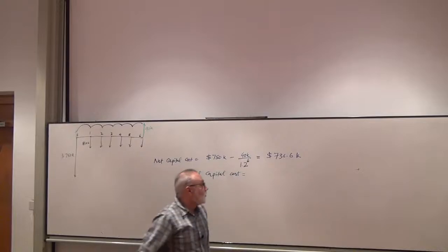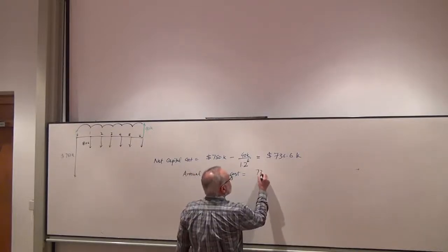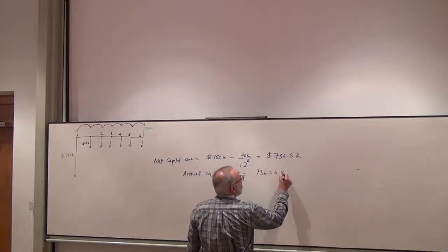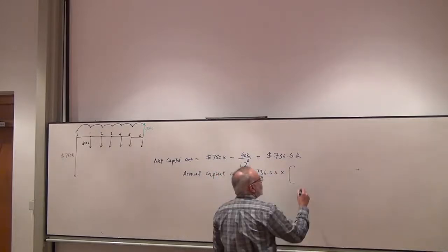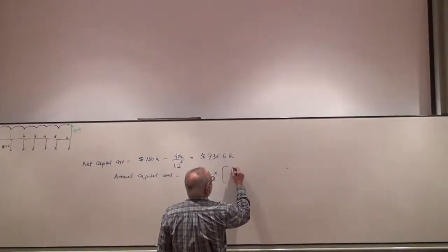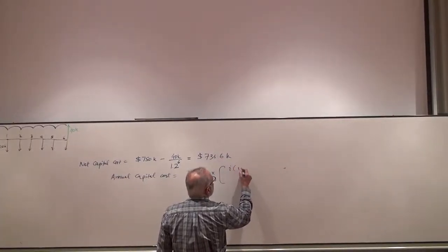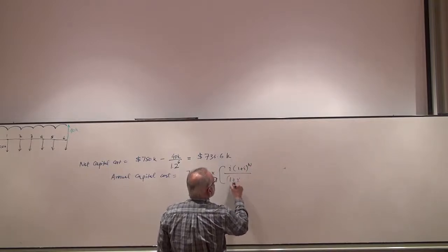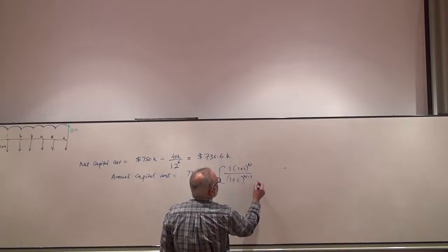Good. So we have 736.6K multiplied by the factor here, which is i times (1 plus i) raised to power n, over (1 plus i) raised to power n minus 1.